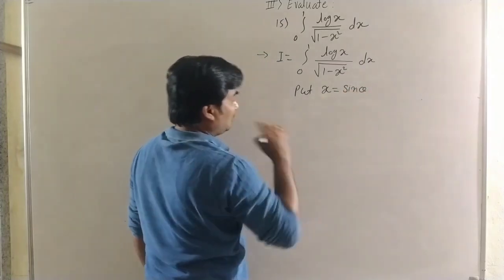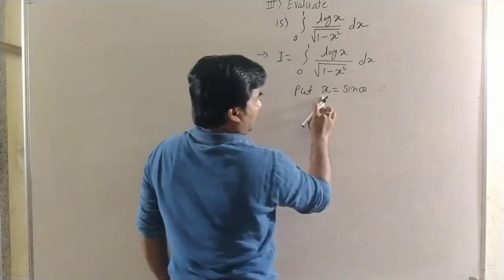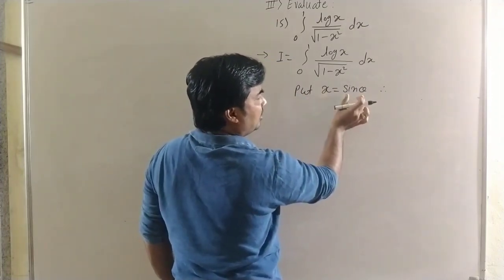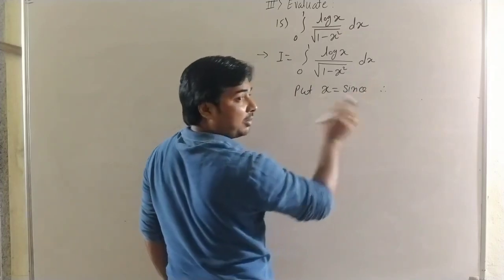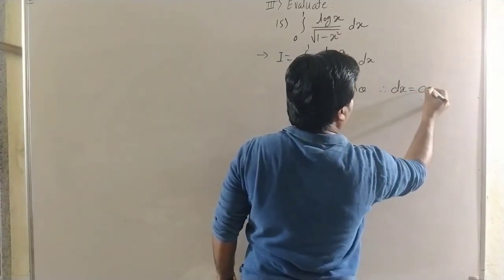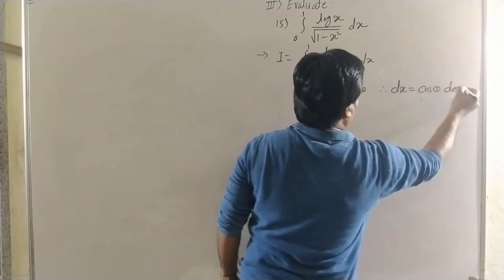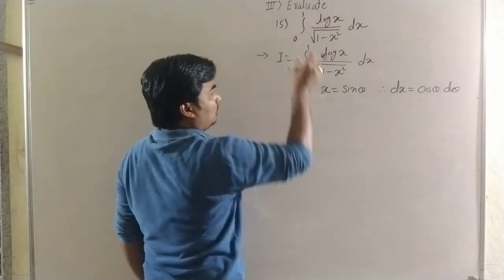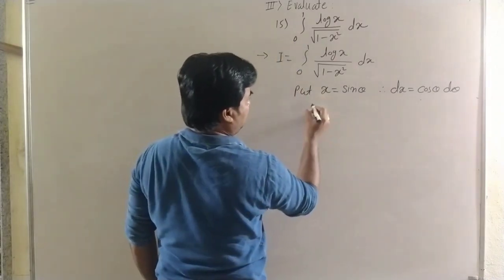See carefully. Therefore we can write 1, when differentiated, and derivative of sin theta is cos theta, d theta by dx. So we can write dx is equal to cos theta d theta. Now again it is a definite integral, we use the substitution. So first change the limits.